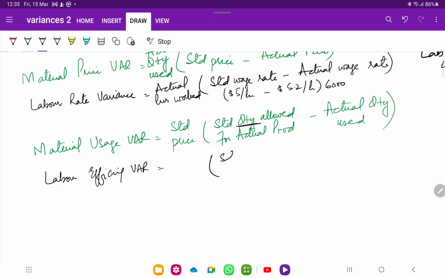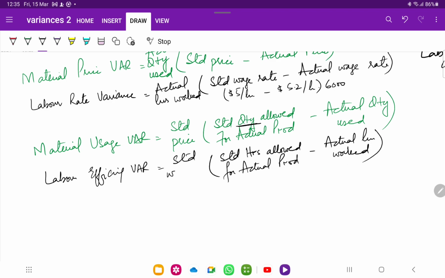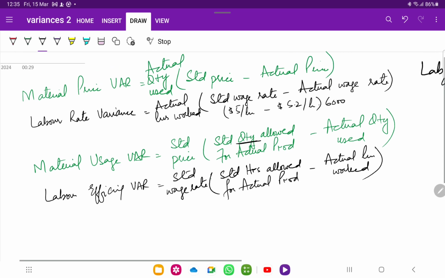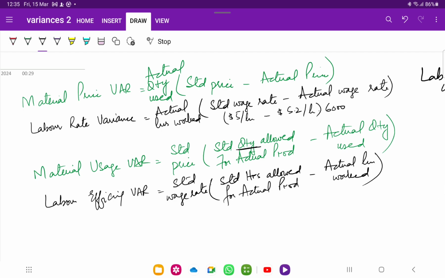So we'll write standard hours allowed for actual production minus actual hours worked, multiplied by standard wage rate. In a couple of minutes we will start its calculation, but these two variances are exactly the same thing as we did for materials.